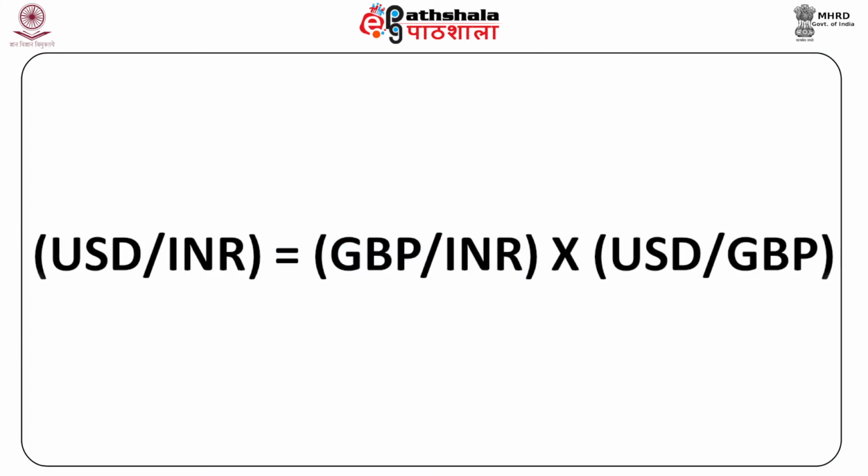If there is no transaction cost, then there is no difference between buying a foreign currency with home currency directly and buying it indirectly through another foreign currency. With zero transaction cost, this implies that USD per INR is equal to GBP per INR times USD per GBP.